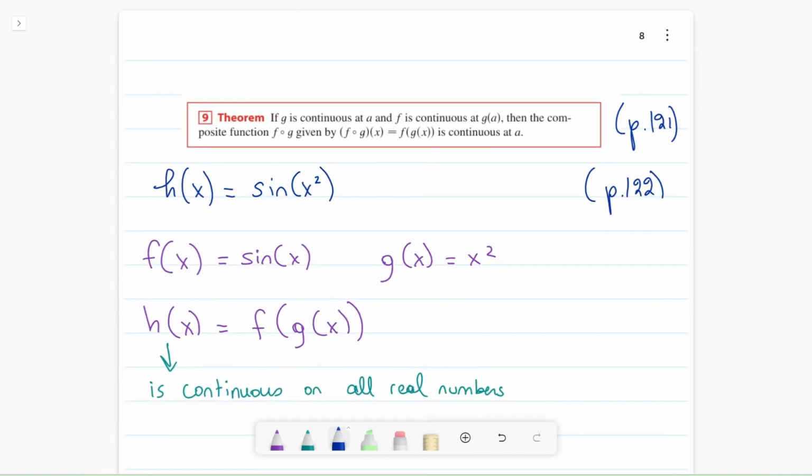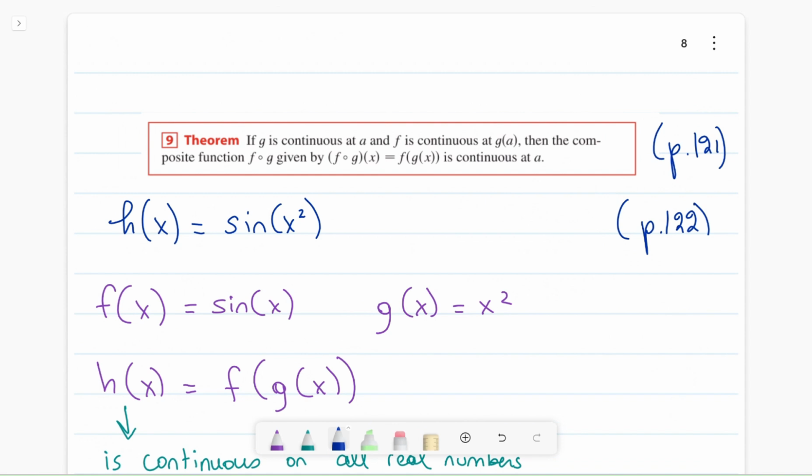Now let's move on to another theorem. If g is continuous at a and f is continuous at g of a, then the composite function f of g, given by f of g of x, and this is just a different notation, is continuous at a. So let's say h of x equals sine of x squared. We know that h of x, we can write that as f of g of x.